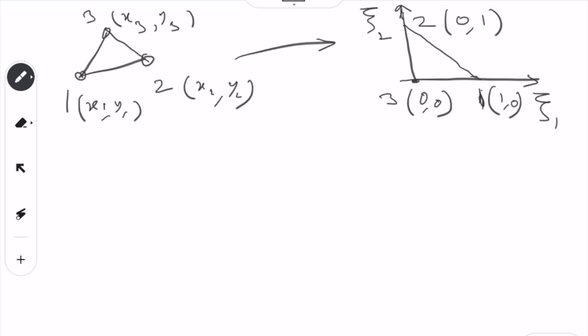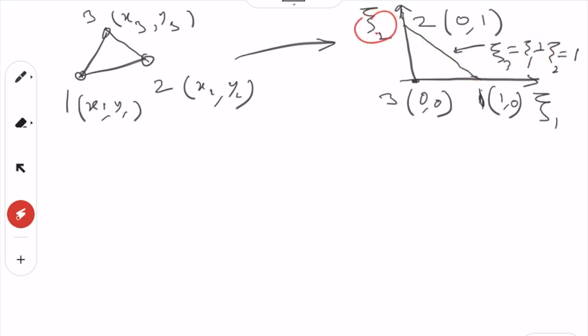Now the equation of this line: if xi1 is 1, xi2 is 0, then xi2 is 1, xi1 is 0. So you can say this equation is nothing but xi1 plus xi2 equal to 1. You can see that xi2 here is 1, xi1 equal to 0, and similarly here xi1 is 1, xi2 is 0.